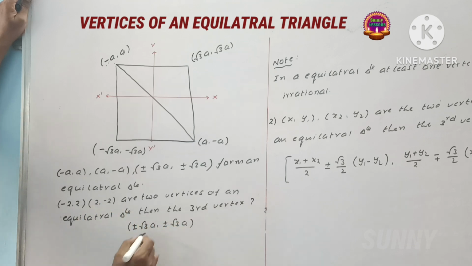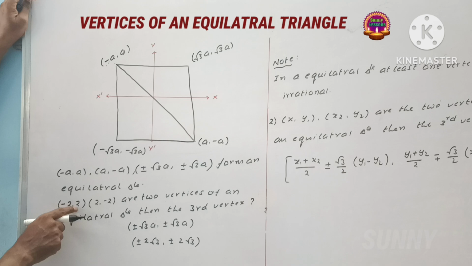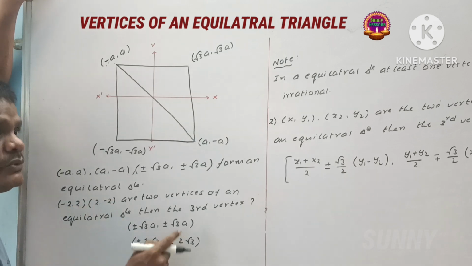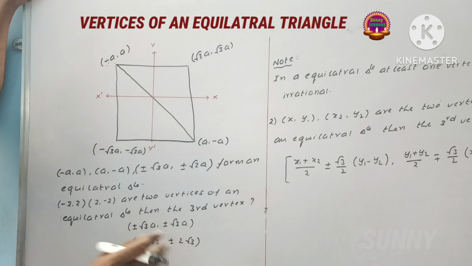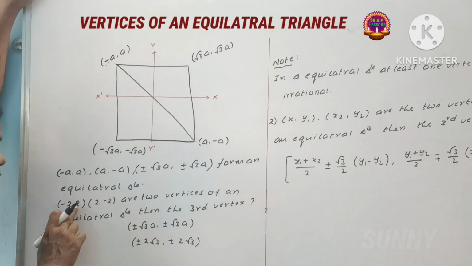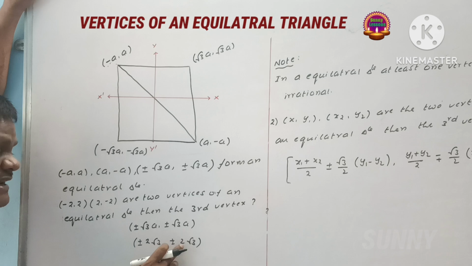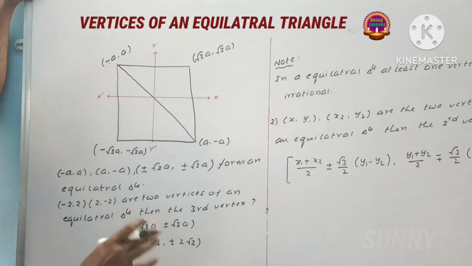Substitute 2 instead of a. So (2 root 3, 2 root 3) gives the vertices (-2, 2), (2, -2) and (2 root 3, 2 root 3) of an equilateral triangle. Like that, (-2, 2), (2, -2) and (-2 root 3, -2 root 3) form an equilateral triangle.